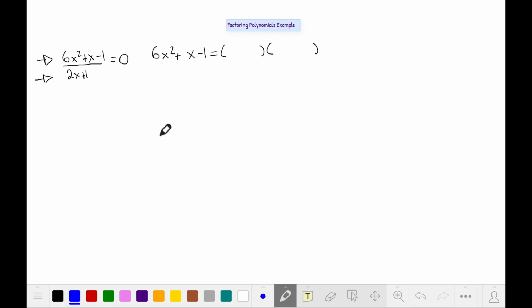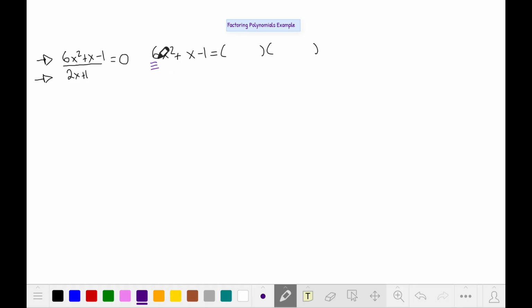All right? Now, the number 6 is going to be a little bit trickier to work with. Because remember from the previous example, when we have a term in front of the x squared that's anything other than a 1, it means that it's going to multiply the non-x terms.